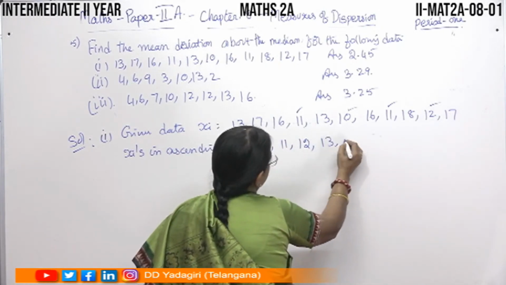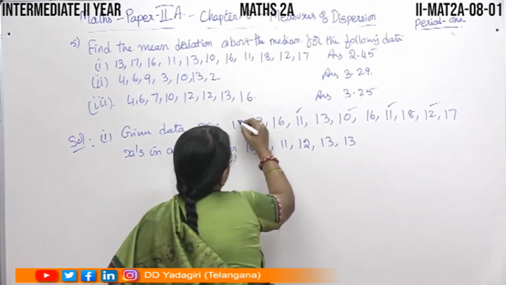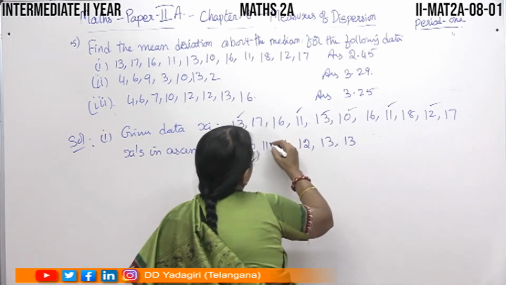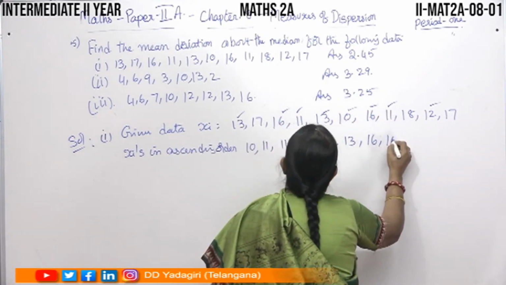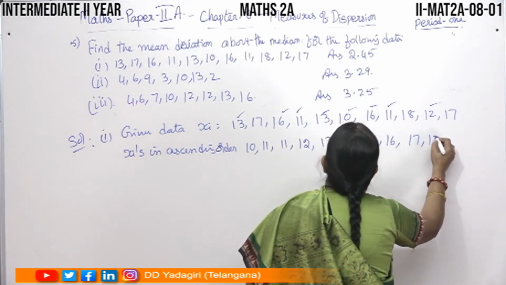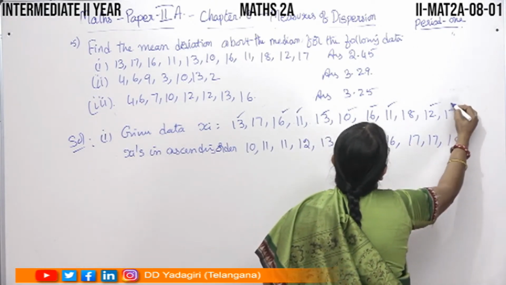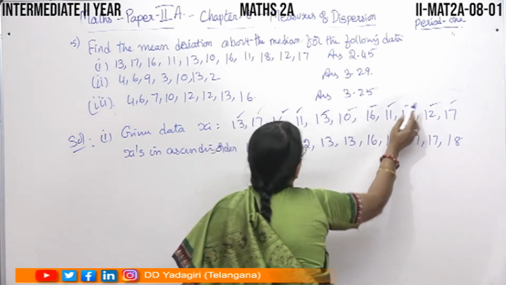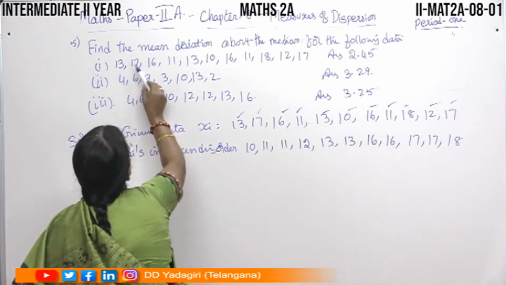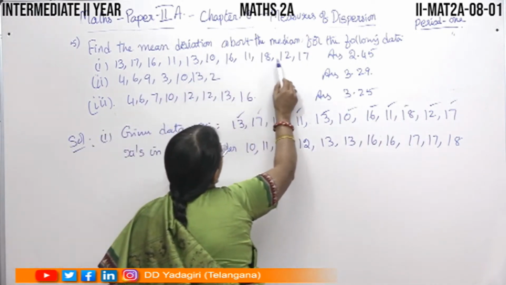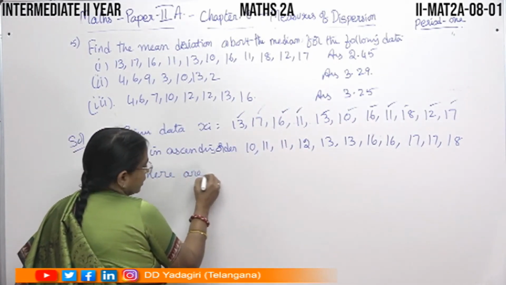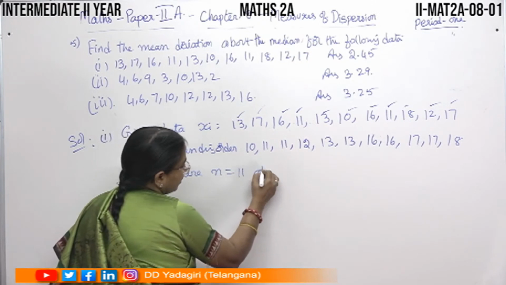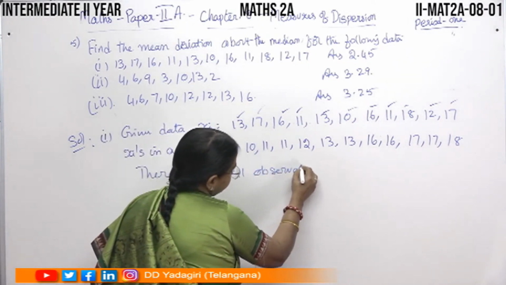Next 13, two 13s. Next 16, two 16s. Next 17s, two 17s and then two 18s. Okay. How many are there? 1, 2, 3, 4, 5, 6, 7, 8, 9, 10, 11. So there are n equal to 11 observations.